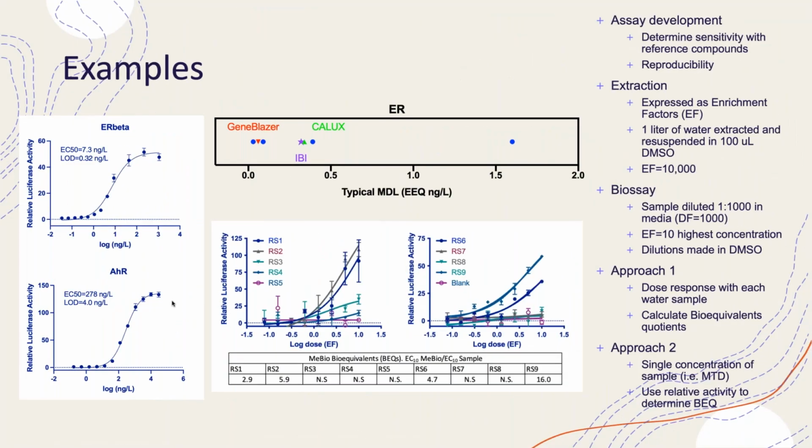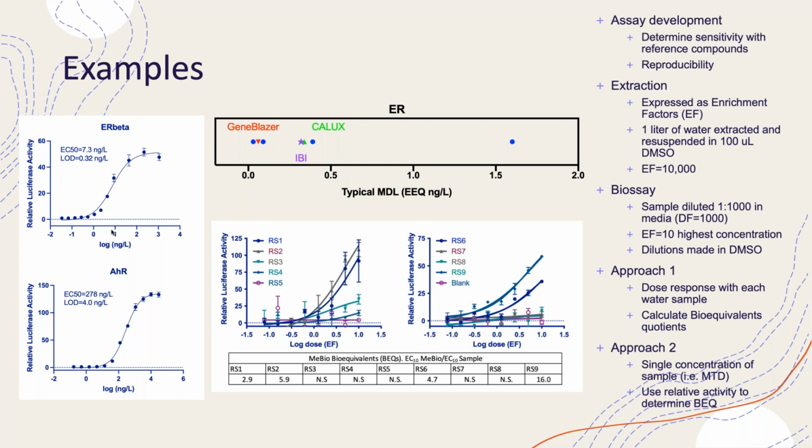All right, I'm going to quickly go through some examples that we've generated in our labs and some of the steps that you may have to go through in order to incorporate these types of assays into your thought and development process. The first is you have to get your assay developed, get it in hand, and start to determine several factors about your assay.